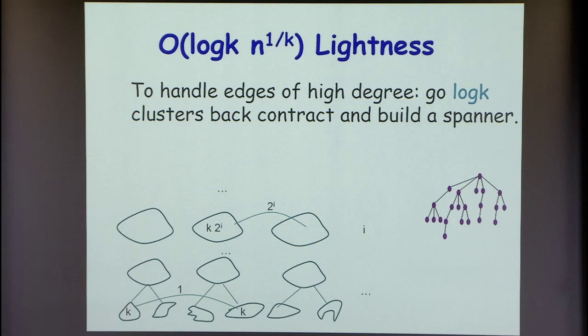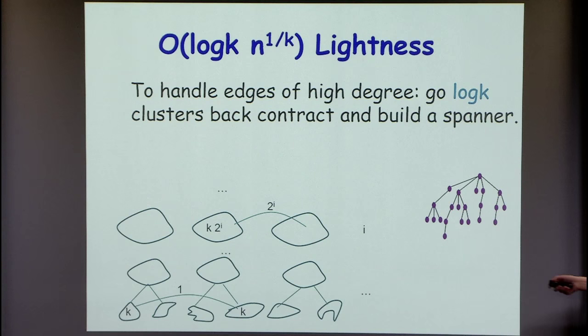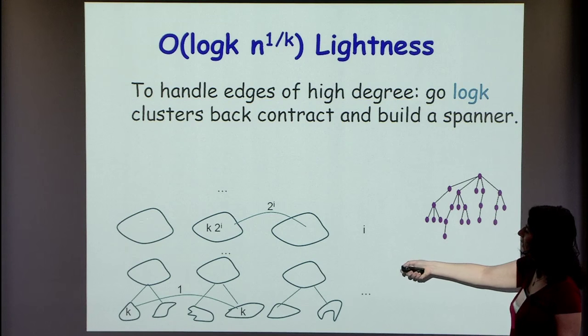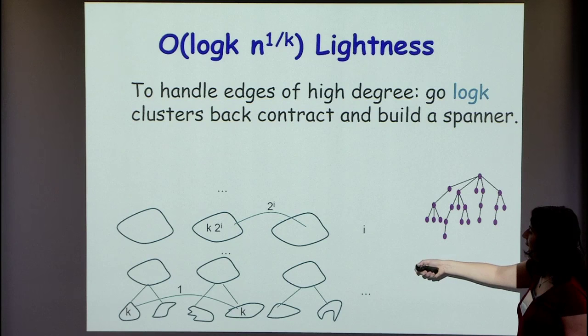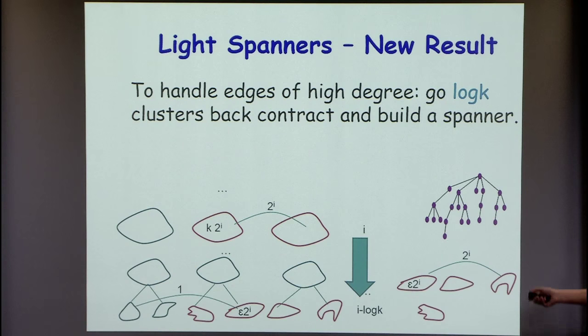But what I can do instead is, let's say that now we are looking at level i. So instead of looking at all high degree clusters on level i and putting them aside, I will go log k, or a bit more than log k, levels back.